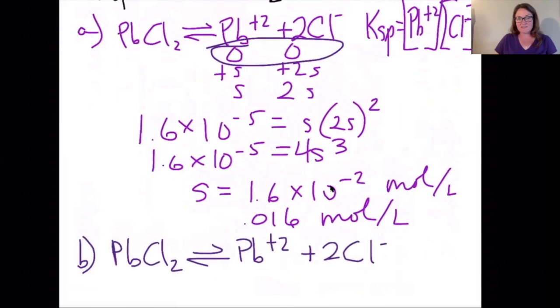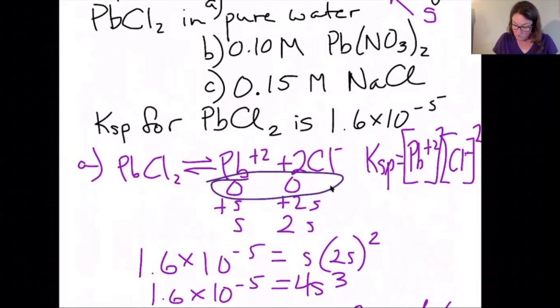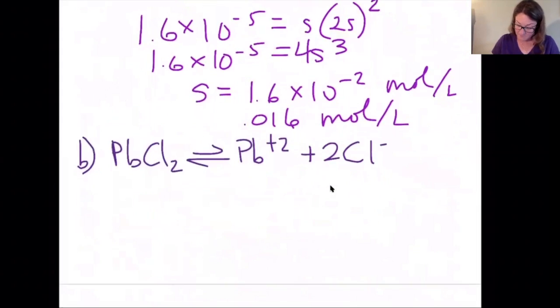B tells me instead that we're starting with 0.1 molar lead nitrate. Lead nitrate's fully soluble. That means the concentration of the Pb2+ is going to be 0.1 molar to start. So rather than having a 0 here, I'm going to have a 0.1. I'll have a 0 there, plus S, plus 2S.